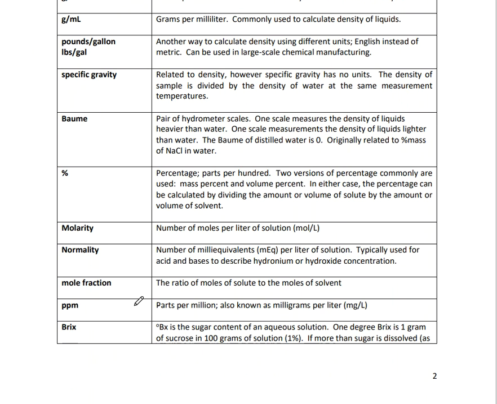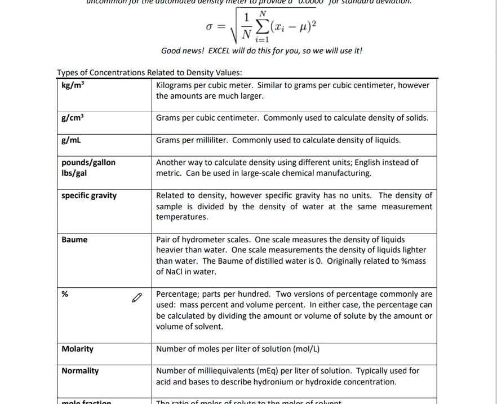The other page that you're going to see on this lab document are these different units that come along with the concept of density. People will use density for a number of different purposes, depending on the types of samples that they're analyzing and depending on the types of units that they want to report for their particular field of study.